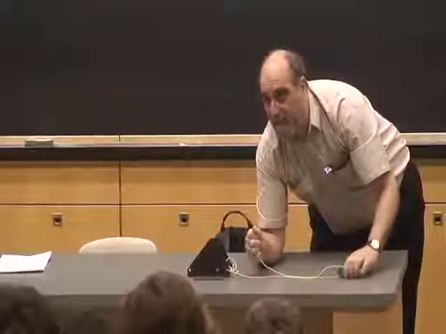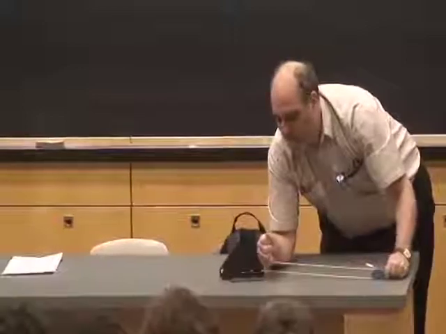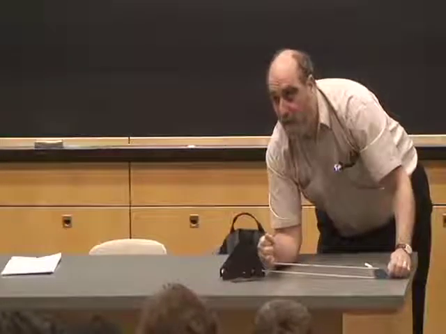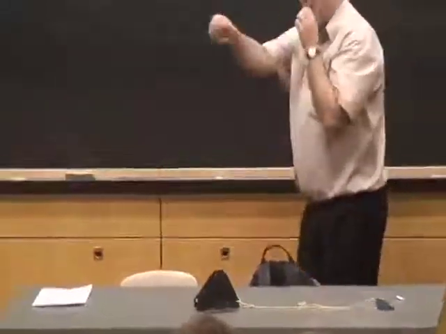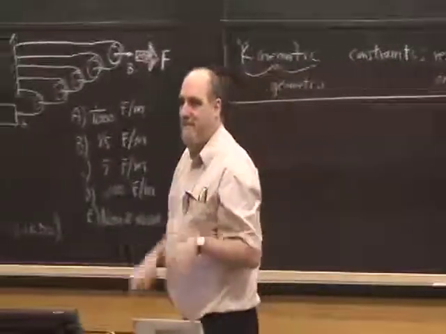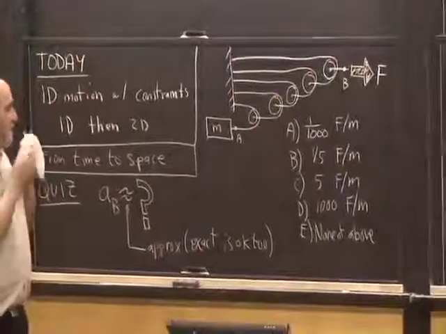So it has to give up rope here in order to move. Okay, or you just look at it like this. And you can do this experiment in your dorm room with shoelaces and paper clips and your teeth and stuff like that. You should play with string to get a feel for this.